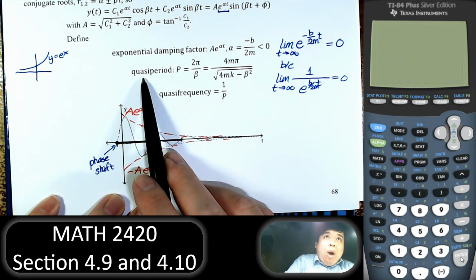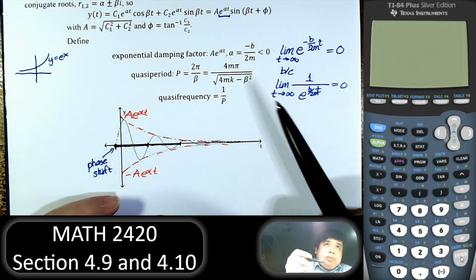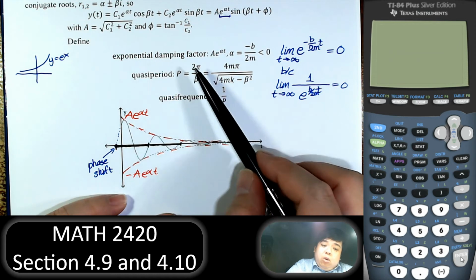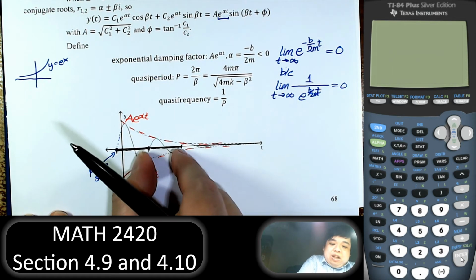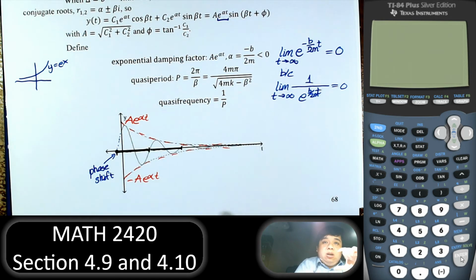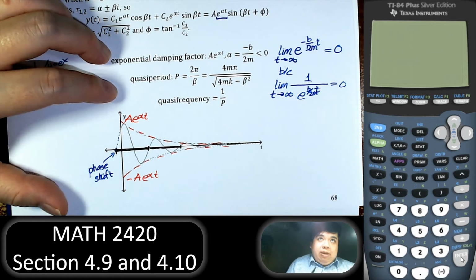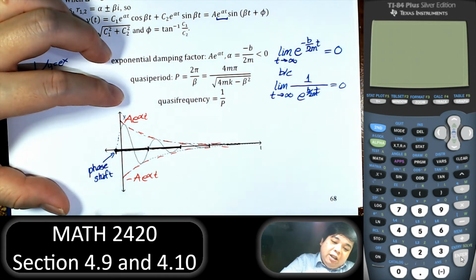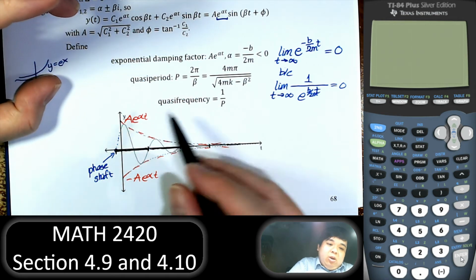I call it the quasi period because it is not a simple harmonic function. But the period is going to be a constant, 2 pi divided by beta. So you see that's still the same, even though the magnitude changes, the period is still the same length. So that is the period. One over the period is the frequency.